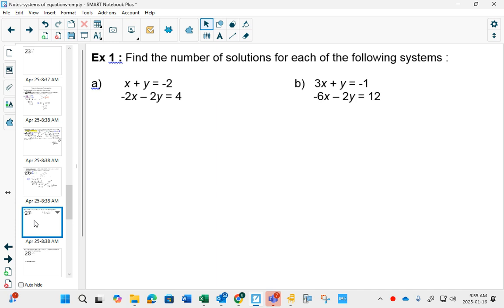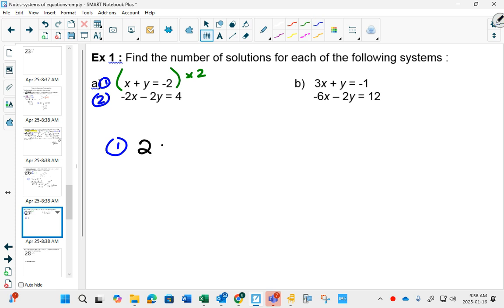Elimination. So if I was using elimination here, none of my coefficients are the same right now. I think it makes sense to take equation 1 and multiply it by 2. If I take that equation 1 and multiply it by 2, my new equation 1 is going to be 2x plus 2y equals -4.